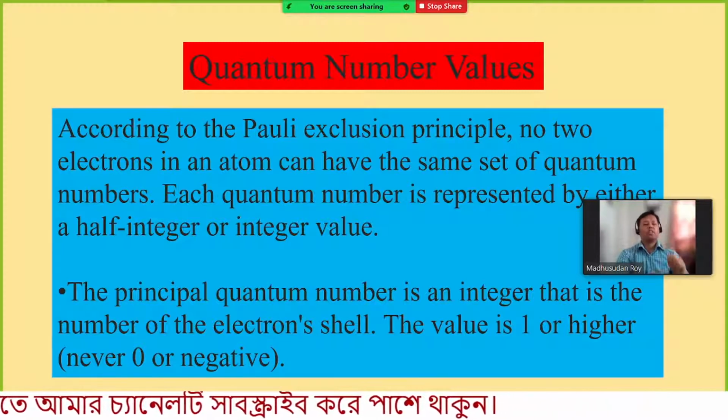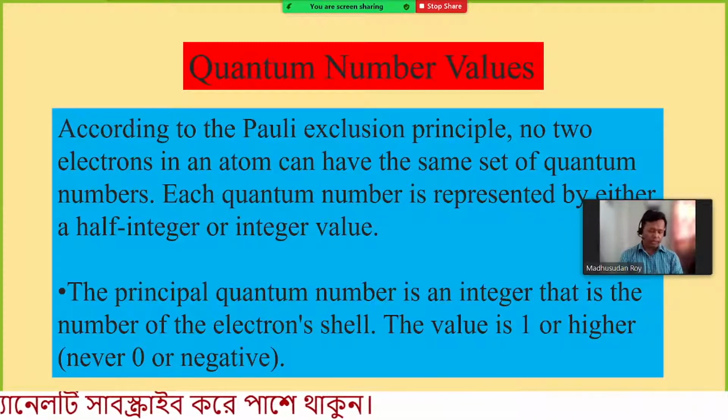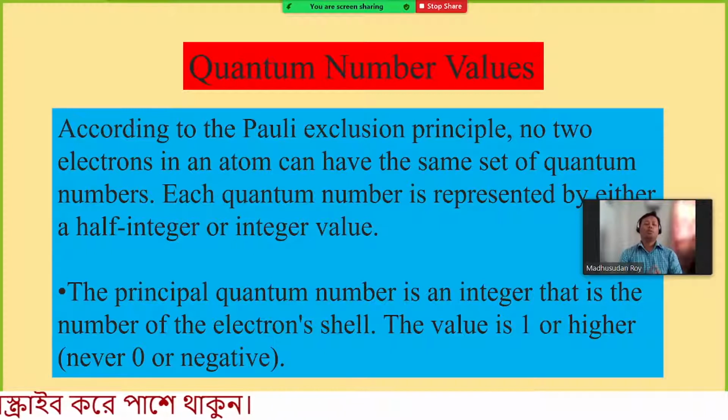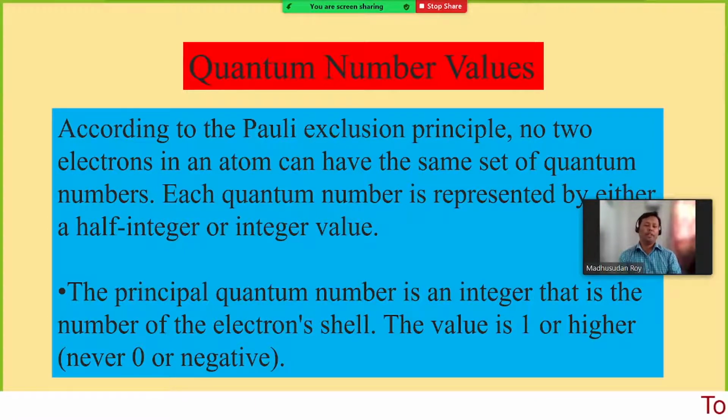According to Pauli's exclusion principle, if you have two electrons in any shell or atom, all four quantum numbers cannot be the same. At least one will be different. It can have several different.